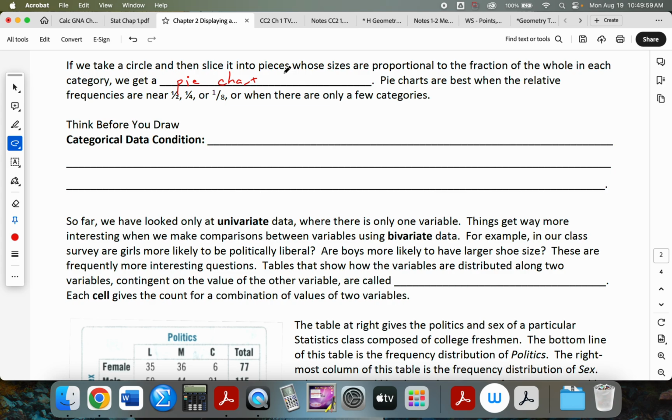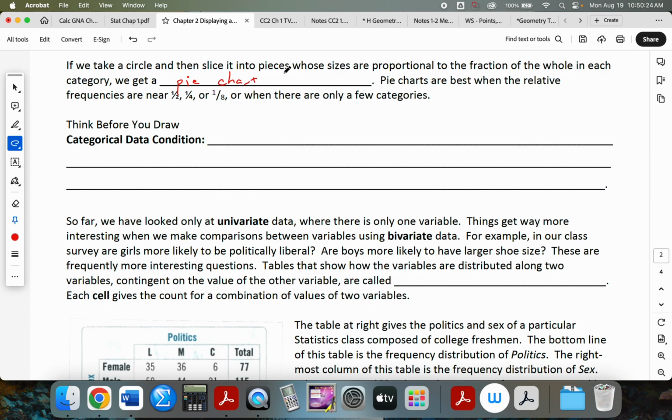And just a quick note on pie charts. You've seen pie charts a ton. I'm not going to spend a lot of time on them. Two things. One, it's best when the relative frequencies are close to a half, a fourth, an eighth. I would add a third to that. Your book didn't say that, but things where it's fractions that you can kind of see.